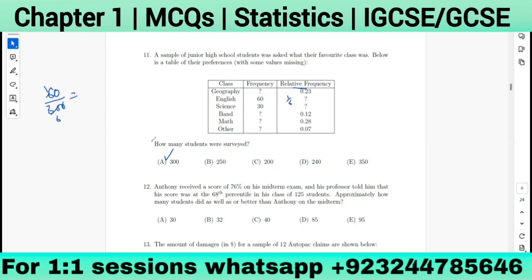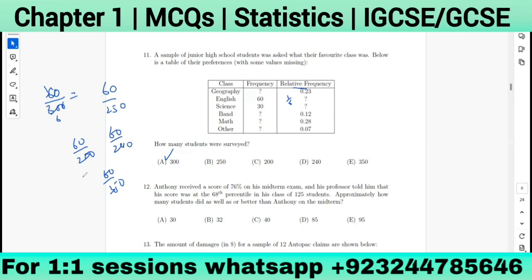We have too many options: 60 by 250, 60 by 200, 60 by 240, 60 by 350. So we don't know which one would be correct.